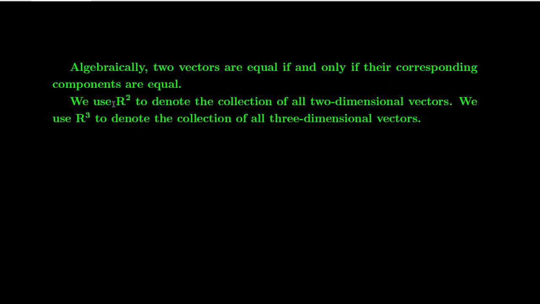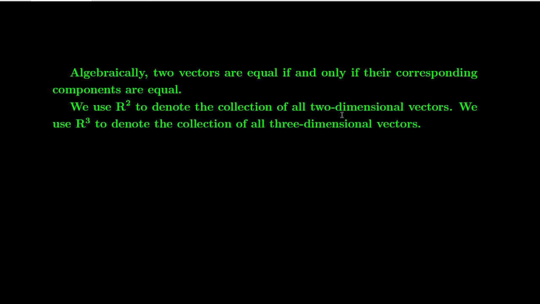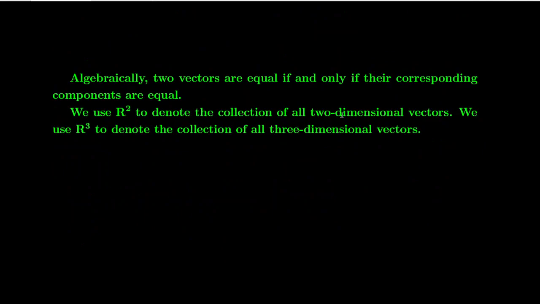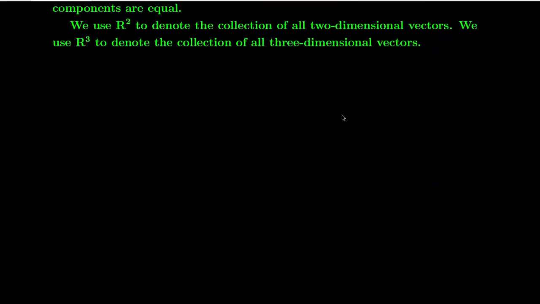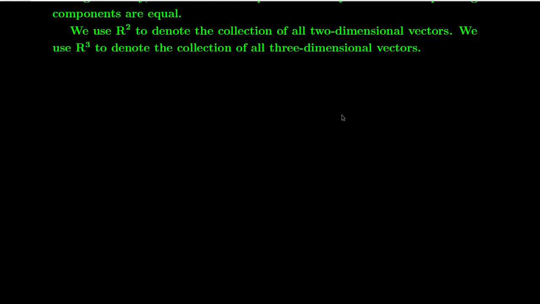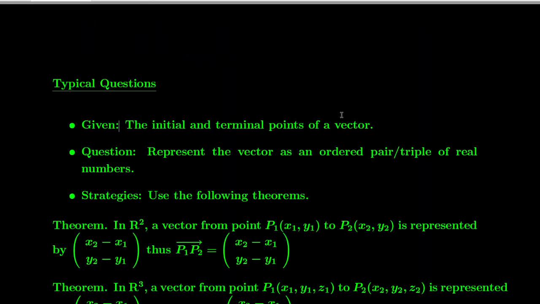In this course we're going to use R2 to denote the collection of all two-dimensional vectors. Actually, we rarely talk about points in this course. I know there are too many definitions, but after doing a few questions, you should be okay.